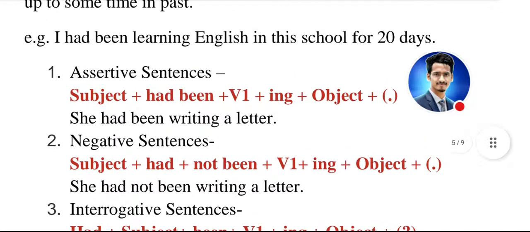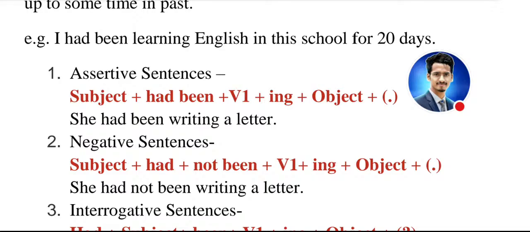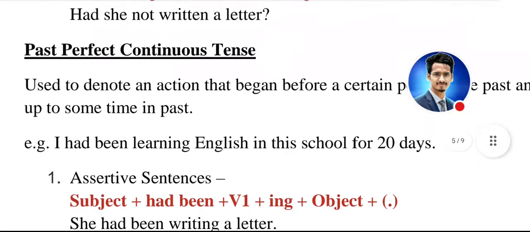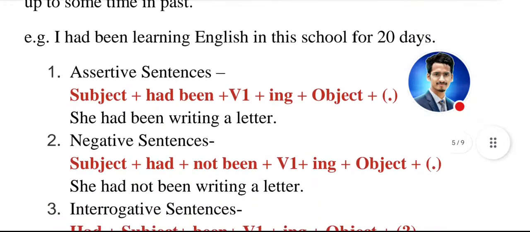Please go ahead. Let's go. In past perfect continuous tense, subject, then we will use had been, then V1 plus ing. So let's see: she had been writing a letter.